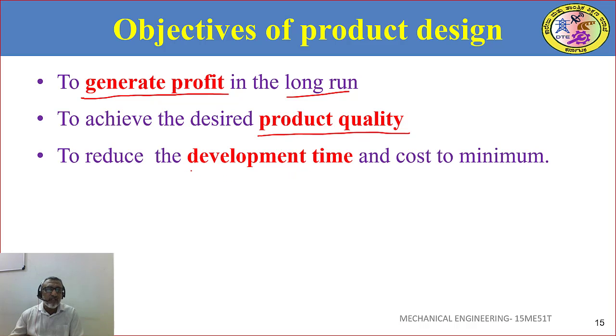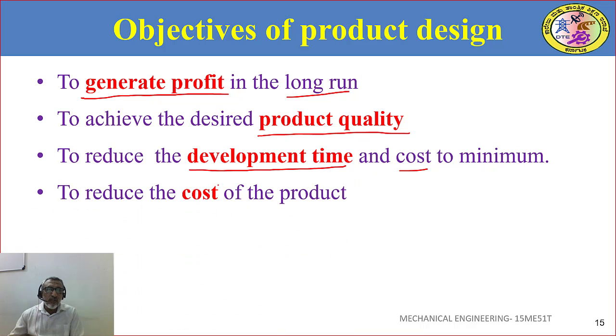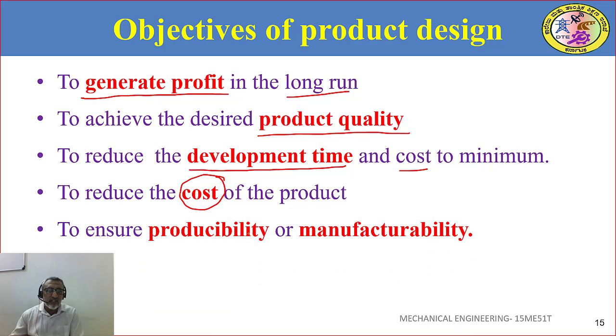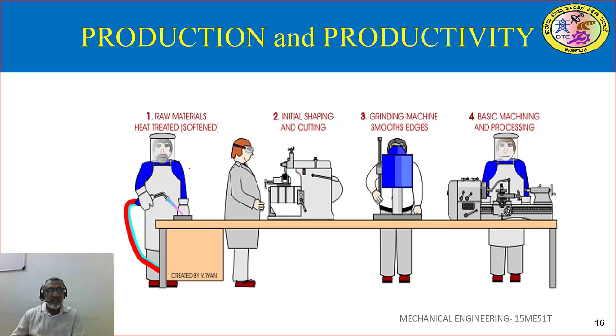By an efficient product design, the development time and the cost are to be reduced to a minimum. A good design will also reduce the cost of the product. A good design makes the manufacturing easy. That is, the producibility, or the manufacturability, is enhanced by a good product design.